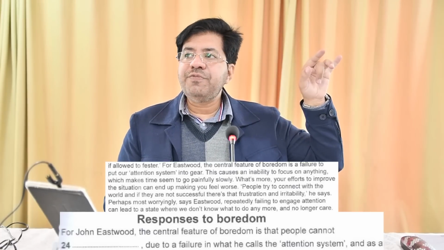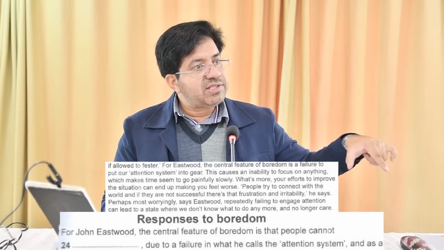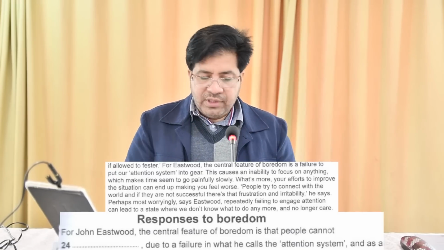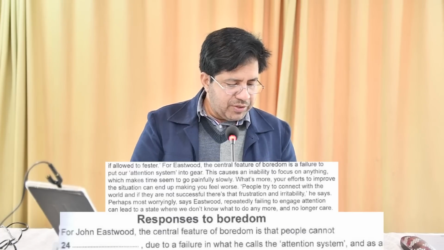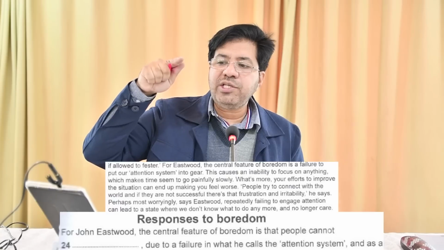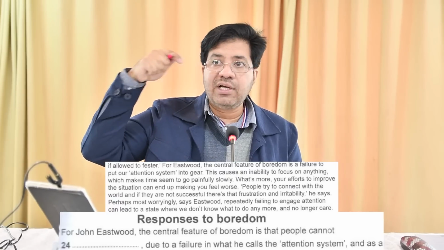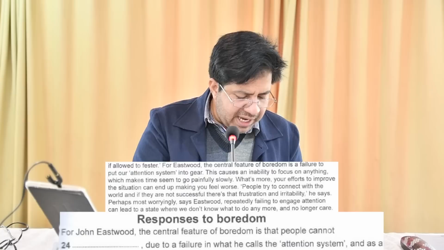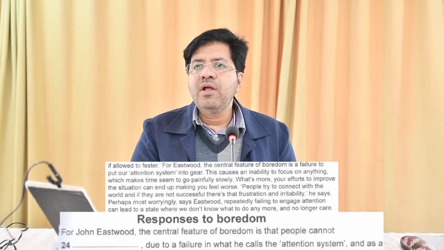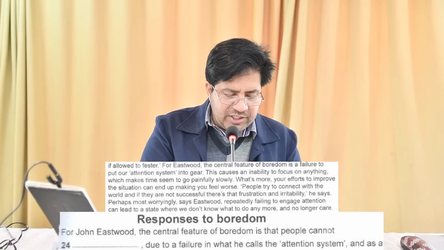All the words which are in inverted commas, they will be in inverted commas in the passage also, so they are easy to find. For example, John Eastwood is mentioned at 2 to 3 locations in the passage, so you will have to struggle a lot. If you look at responses to boredom, probably you will not find any clear guideline. So we have one word, attention system.